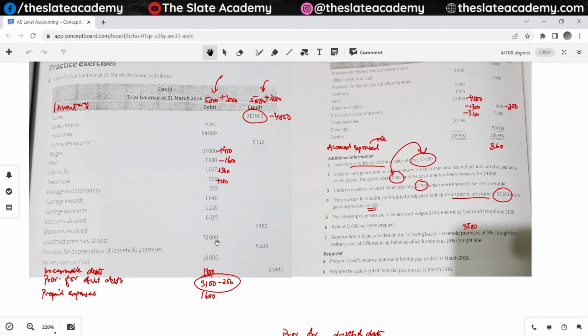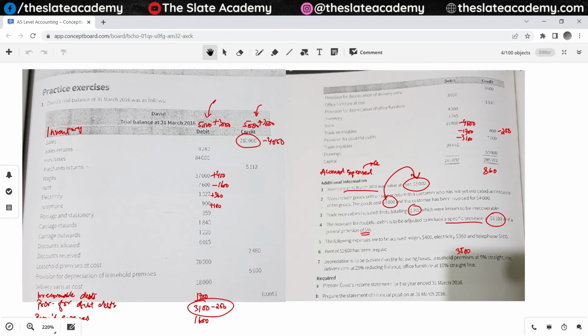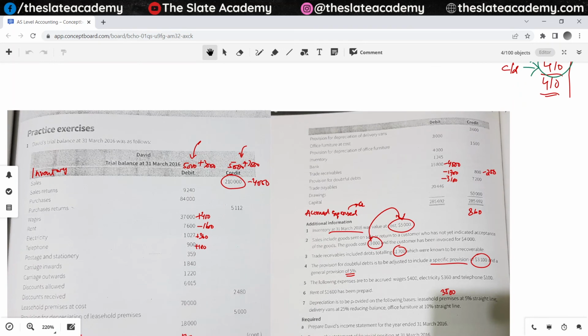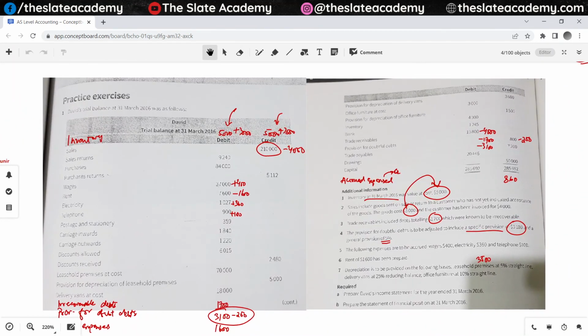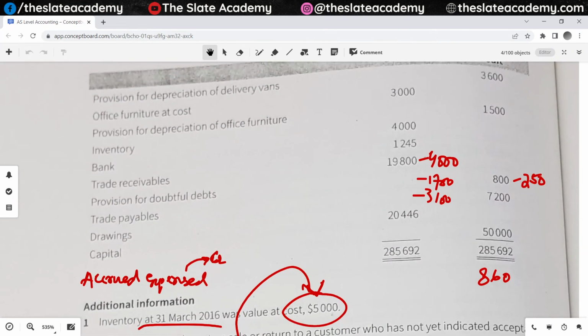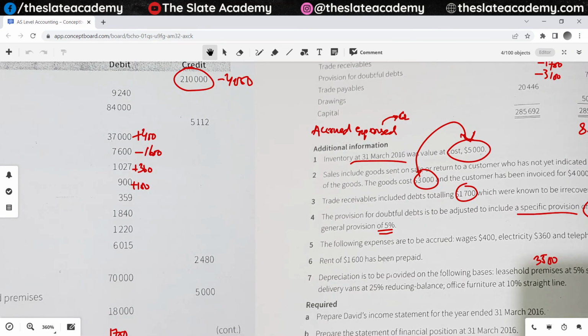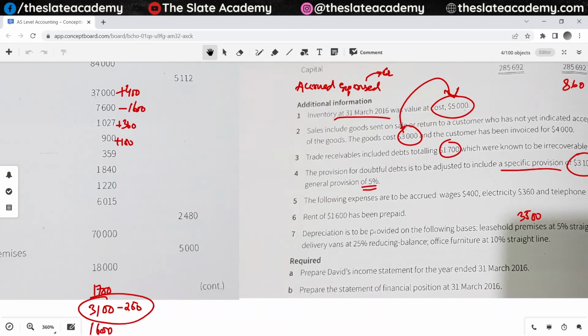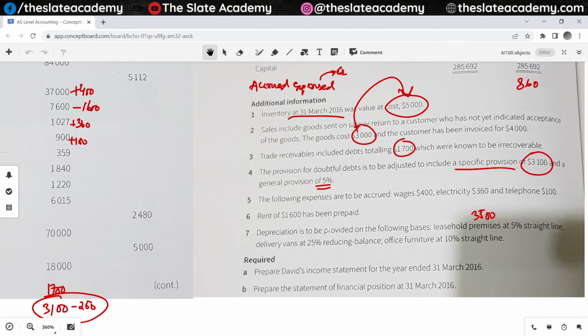And 25% reducing balance for delivery vans. Delivery vans at cost 18,000. Where is the provision for depreciation? It is 3,600, right? So it would be 18,000 minus 3,600 into 25%.